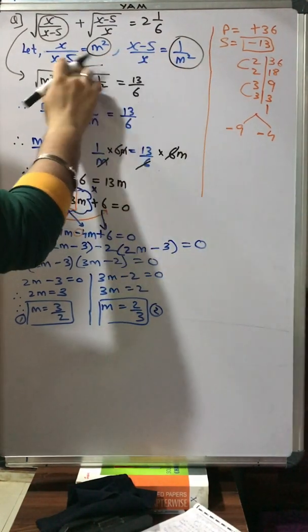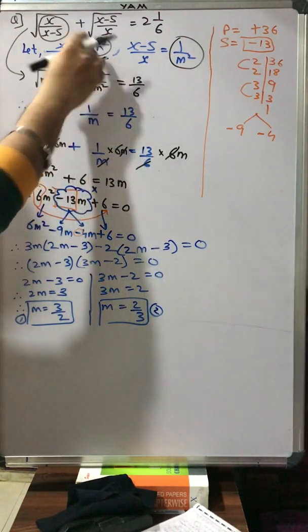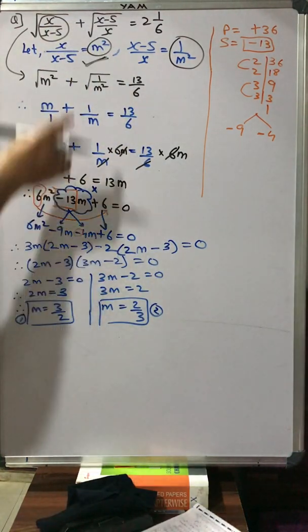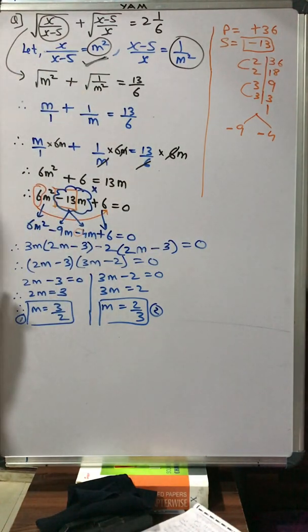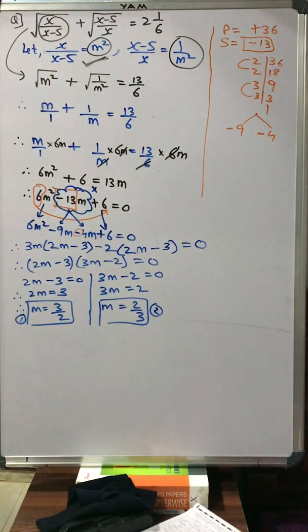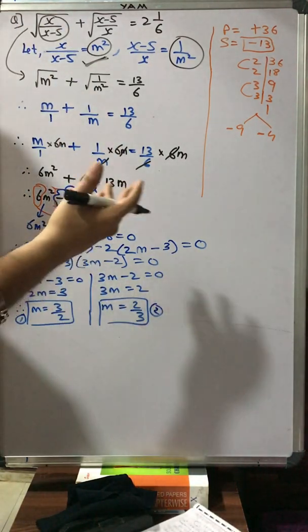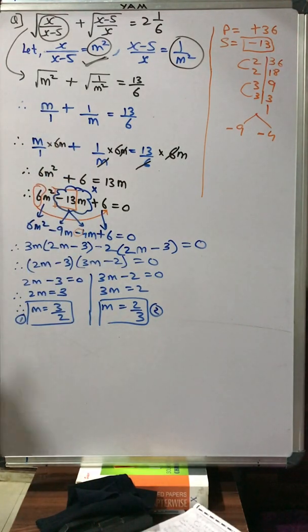So I'll go with this one. In this equation, in place of m, first time I'll put 3 upon 2 and I'll get one value. And second time I'll substitute 2 upon 3. Okay, students, so you all can do it. Please do it simultaneously, fast.